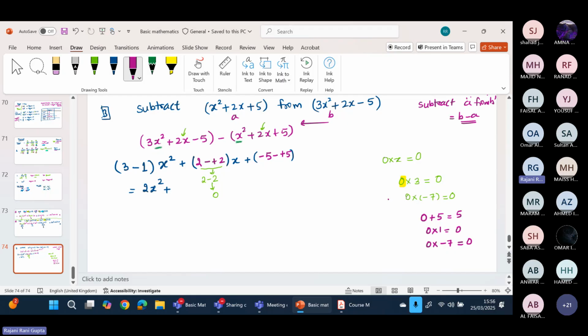No problem. You have to remember the thing. So this is 0. And how much you will get here? Minus 5, minus 10. Good. So this gives you 2x squared plus 0x minus 10. So you can write it as 2x squared minus 10. Okay. So this is how you subtract two polynomials.